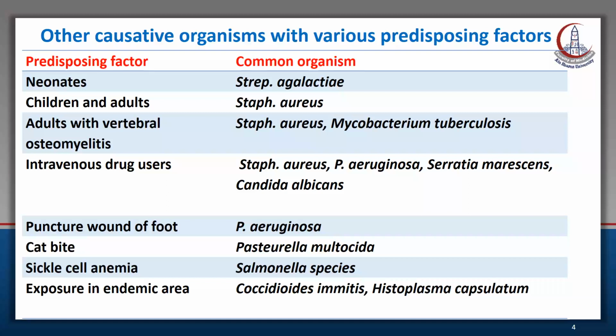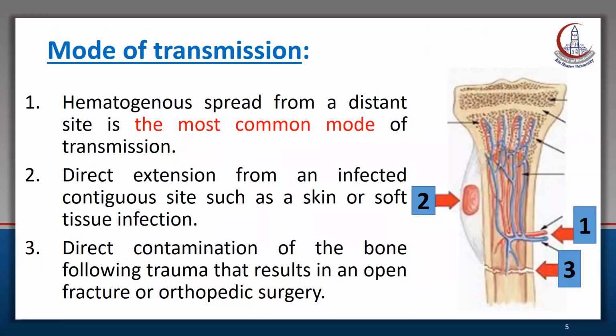Coccidioides immitis and Histoplasma capsulatum cause fungal osteomyelitis, generally due to exposure in endemic areas. The main and most common mode of transmission of osteomyelitis is hematogenous spread from a distant site to the site of osteomyelitis.